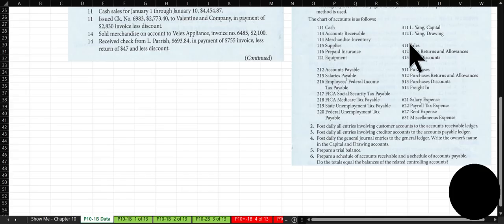So I just wanted to show you, or maybe emphasize, the numbering system for the chart of accounts. Each company will have their own approach, but there will be a logical application in terms of how they determine the number for each account.